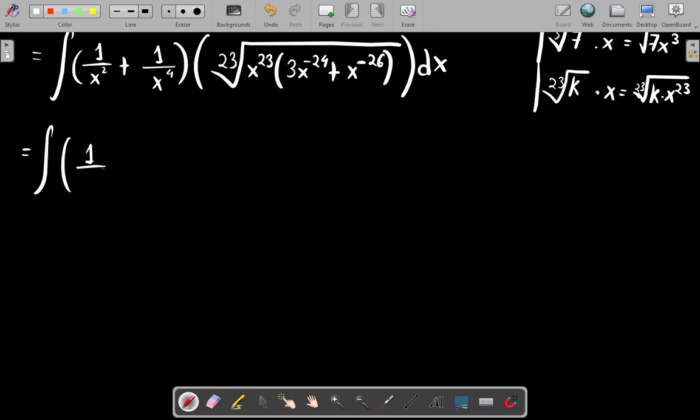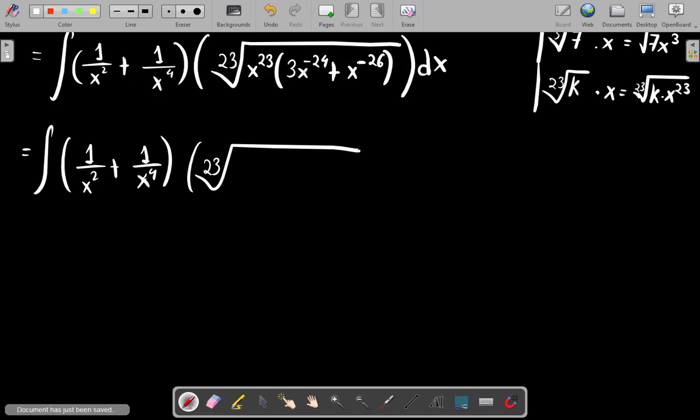I'm keeping the first part as it is, so this is 1 upon x square plus 1 upon x to the power 4, and then the 23rd root of, on multiplying, x to the power 23 and x to the power minus 24, this will become 3x to the power minus 1, which is nothing but 3 upon x. Similarly, x to the power 23 times x to the power minus 26 is x to the power minus 3, so this just becomes 1 upon x cube dx.